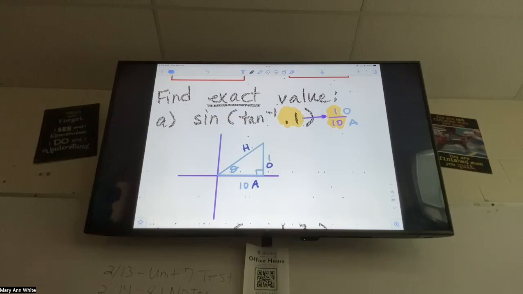I'm in quadrant 1 because tangent's only in 1 or 4, and we know that we're in 1 because it's positive. I labeled my opposite, I labeled my adjacent. Now I just have to do the Pythagorean theorem to figure out what my hypotenuse is.